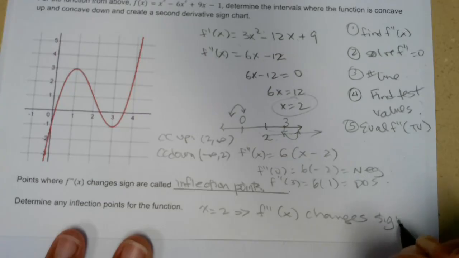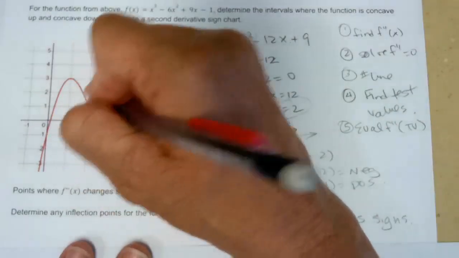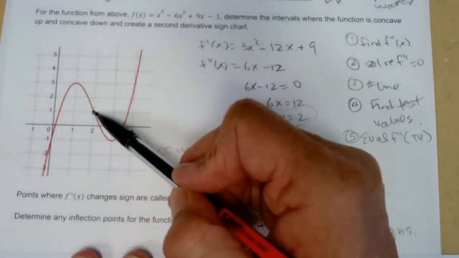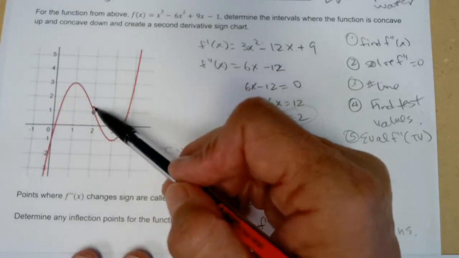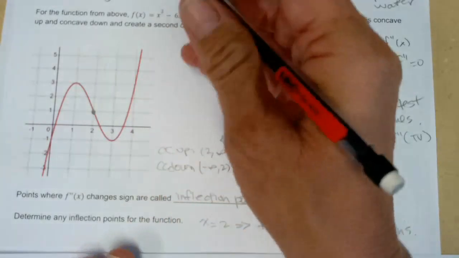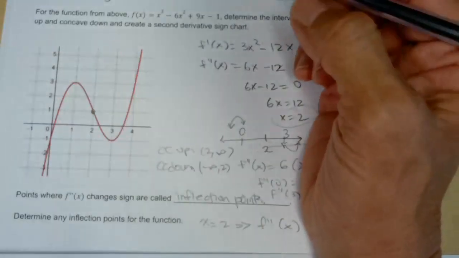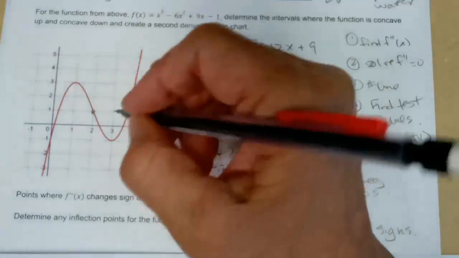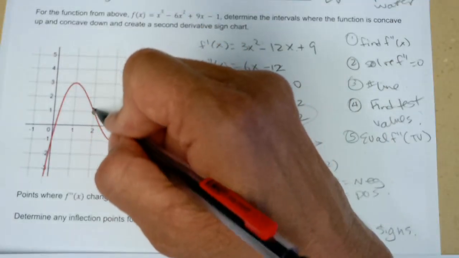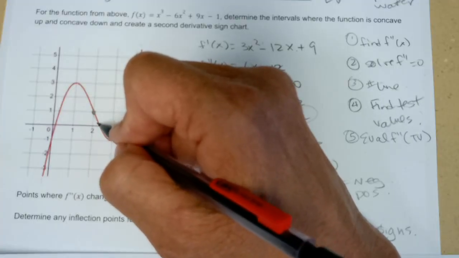And now let's just take a look at our graph and make sure that all makes sense. So find where x equals 2 right here. From negative infinity to 2, my function is losing water. And then from 2 on to infinity, it's holding the water. And one of the things that's happening here at 2 is your function is decreasing until you get to 2, and then it starts decreasing less.